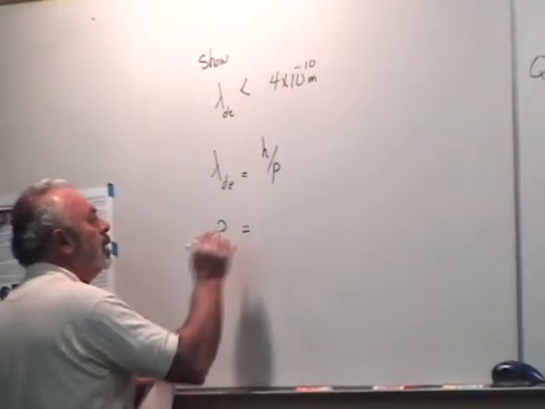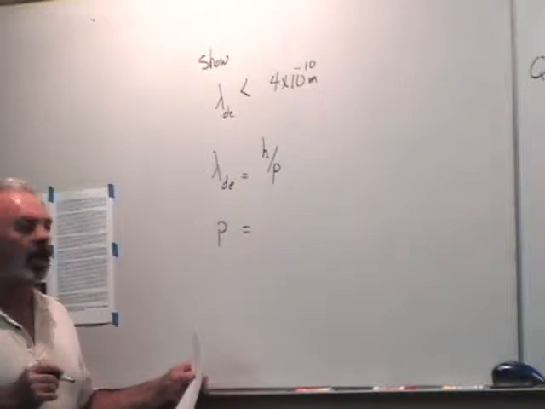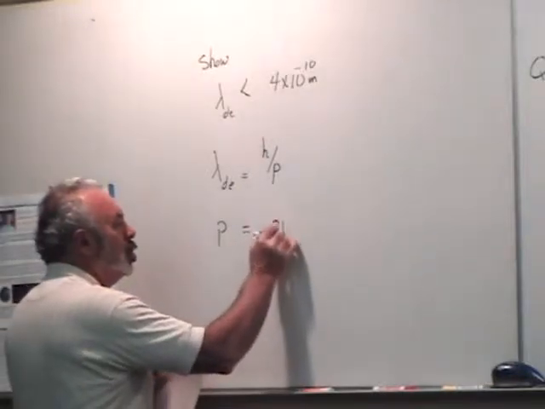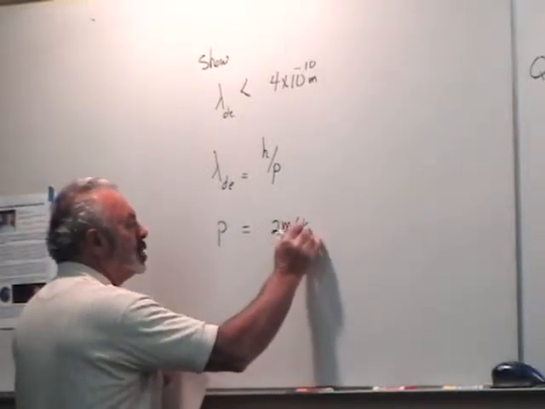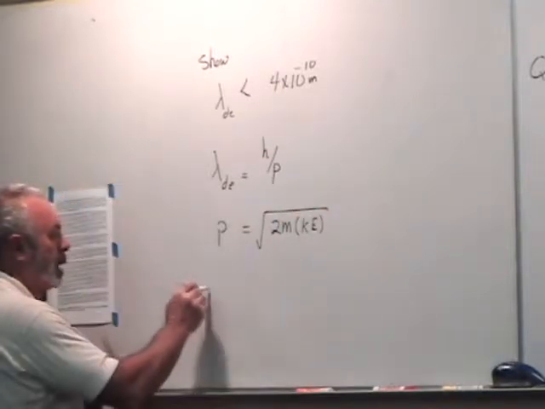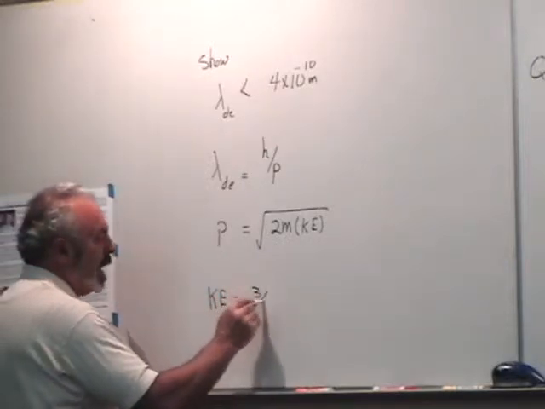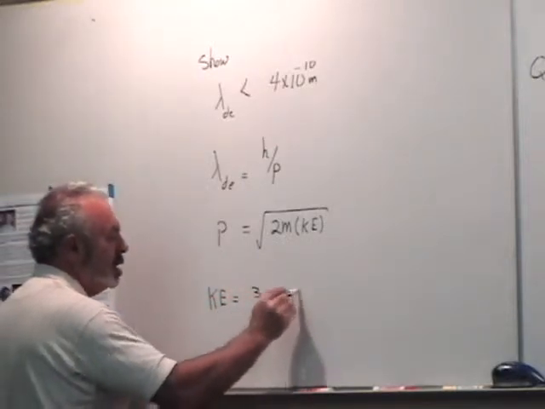And p, since it's a thermalized molecule, is going to be classical: the square root of 2m times the kinetic energy. And the kinetic energy is 3/2 kT.